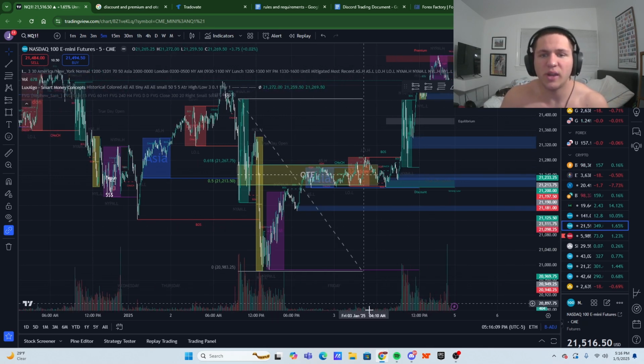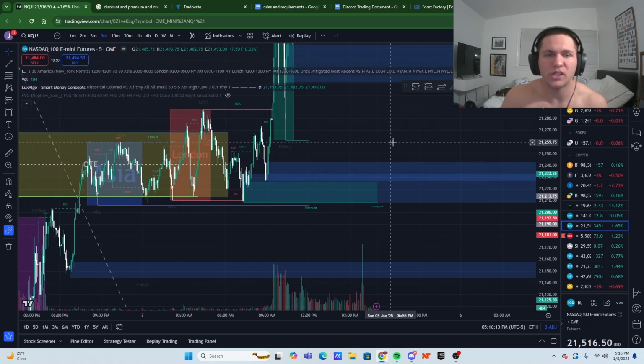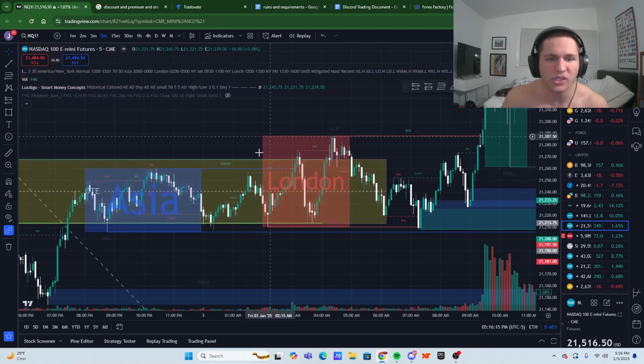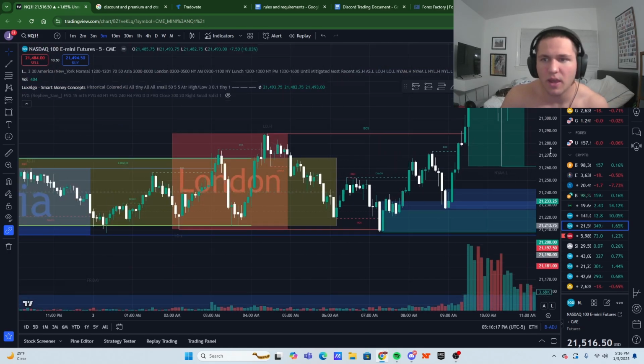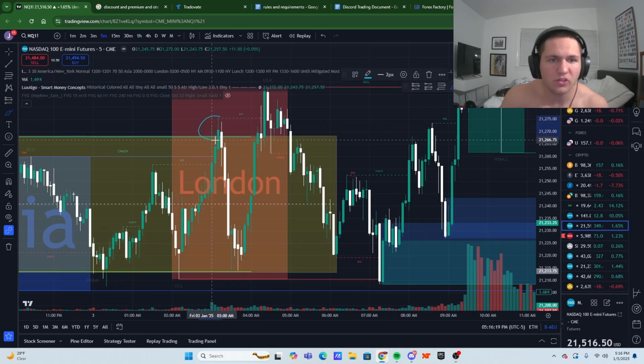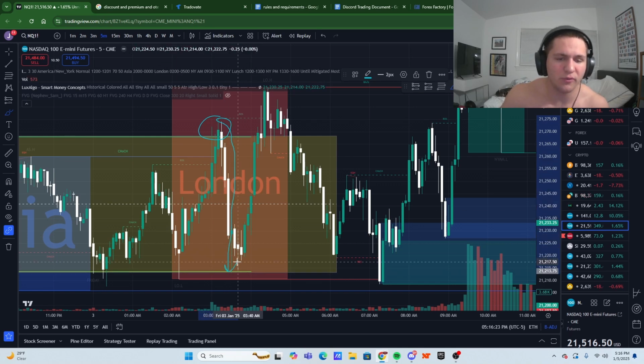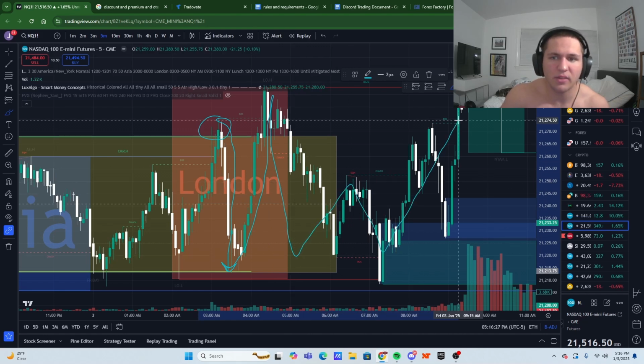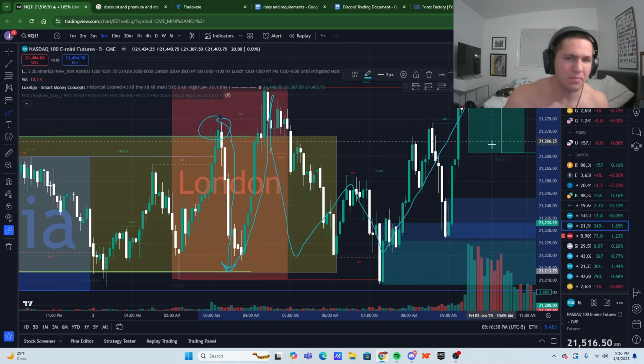So as you can see, we have this range, and what happens the first time that we touch the 0.618 level? The 0.618 being the top of this box here. We touch the 0.618 level and then immediately drop down all the way to the 0.5, then bounce back up, and then continue in that path until we have enough displacement to get past one of them.